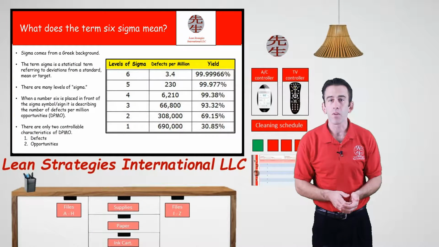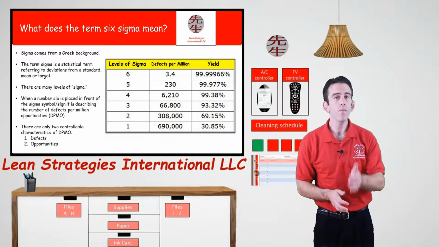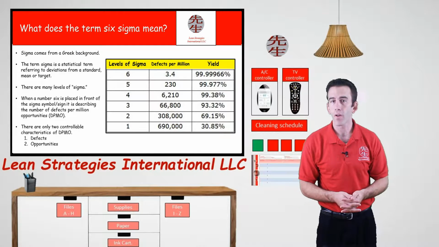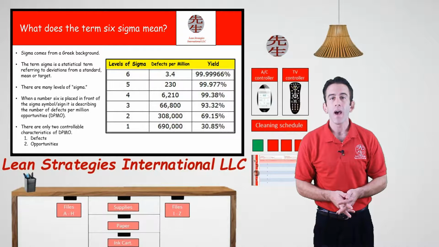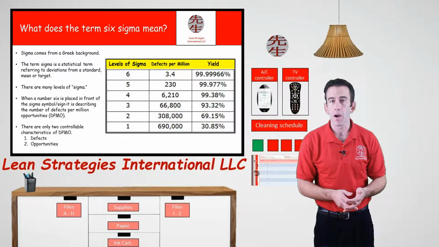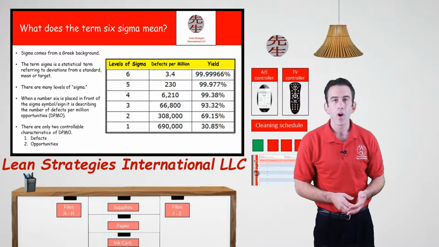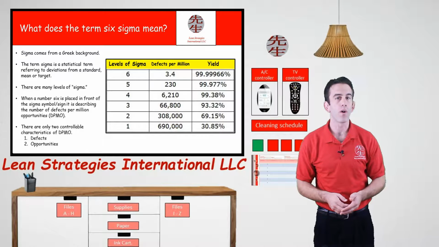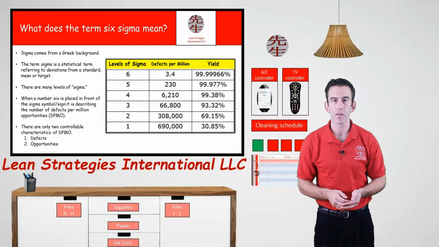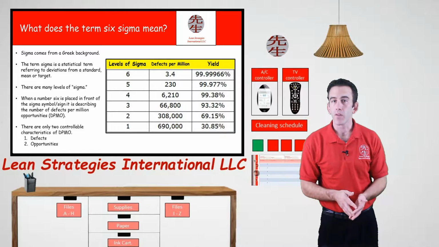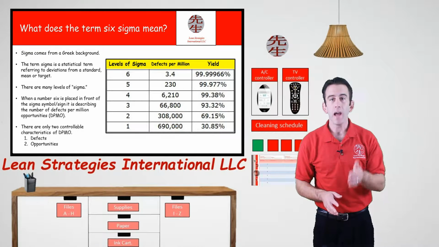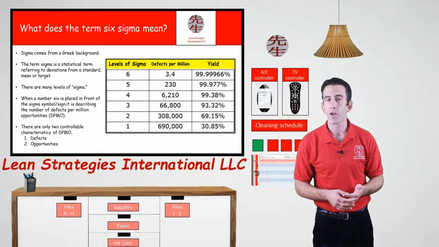So what does the term Six Sigma mean? The term Six Sigma is a statistical reference telling us quantifiably how a process is performing. In the case of a Six Sigma rating, that means the process must produce no more than 3.4 defects per million opportunities. In essence, it is talking about the level of deviation from a standard, average, or targeted measure.